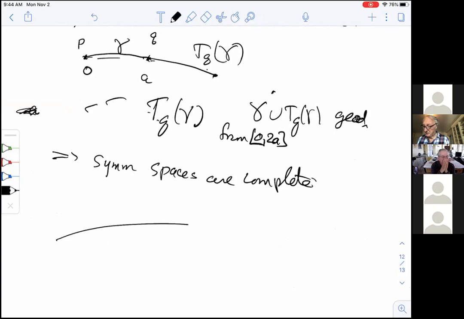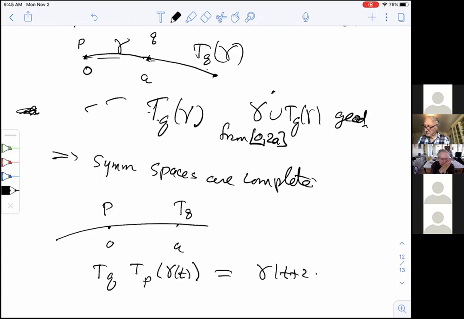And now if you do T_P composed with T_Q of gamma of t, you get gamma of t plus 2a.